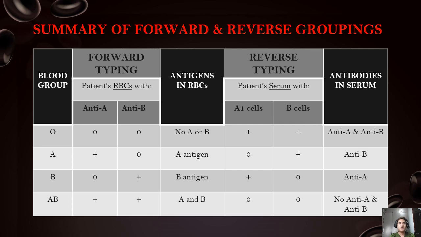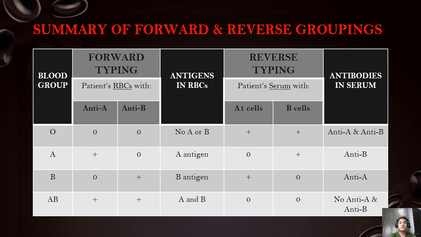Given in this table are forward typing for the detection of red cell antigens and reverse typing for the detection of ABO antibodies. The sample used for forward grouping is red blood cells since they contain antigens, while reverse grouping uses serum samples since antibodies are present in serum, and plasma may as well be used.